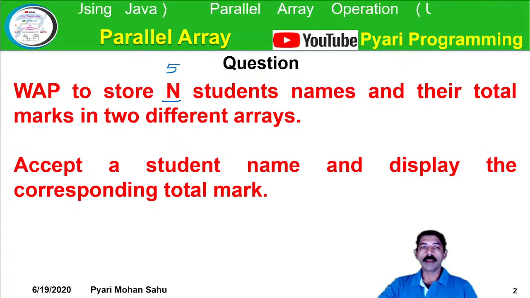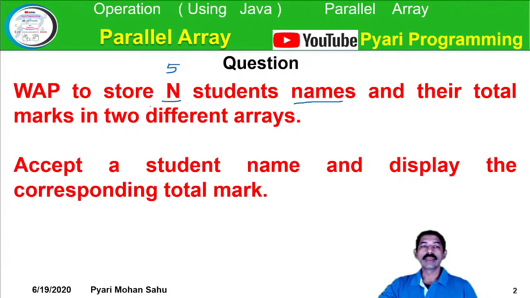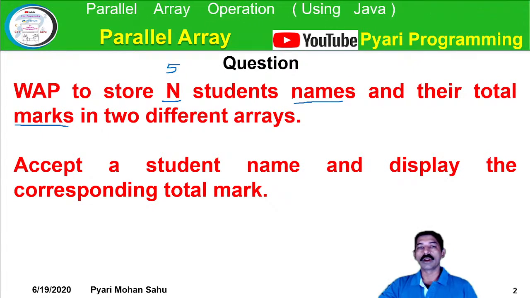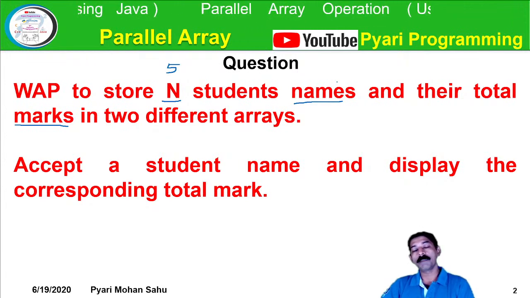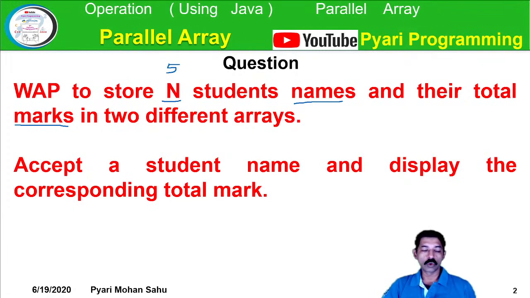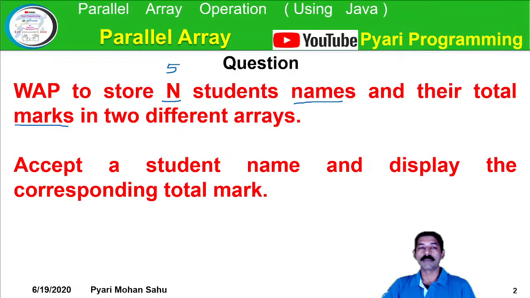Now what am I going to store? Store the 5 student names and their total marks. But the data type is different. Look at this. The name is of type character and total marks is of type double. And we know that an array is capable of storing homogeneous data elements, not heterogeneous data elements.